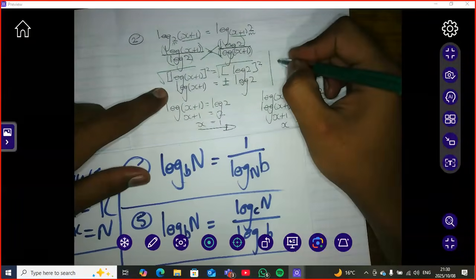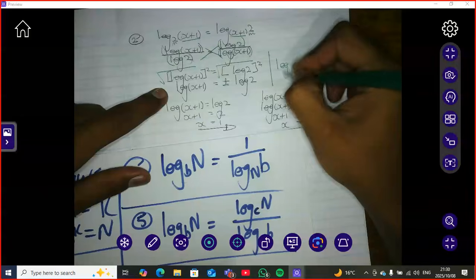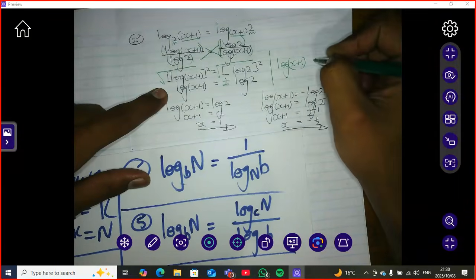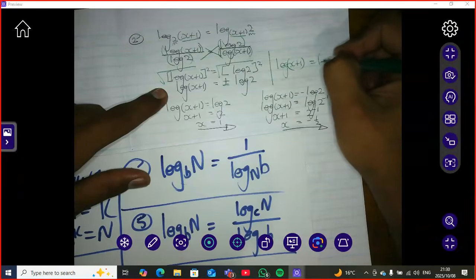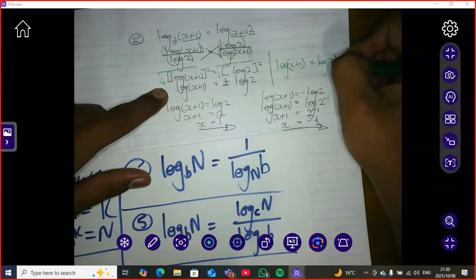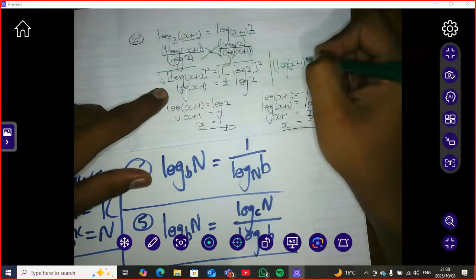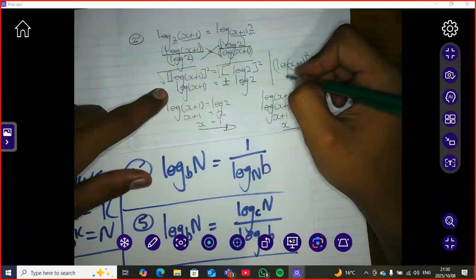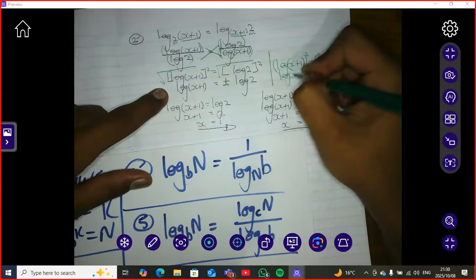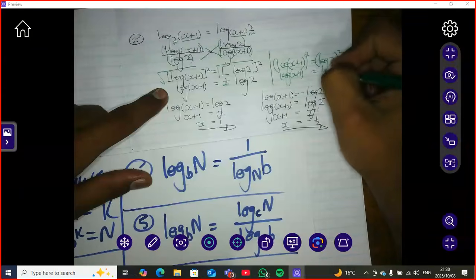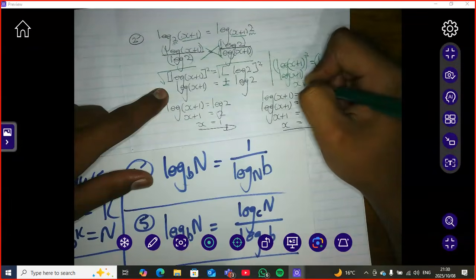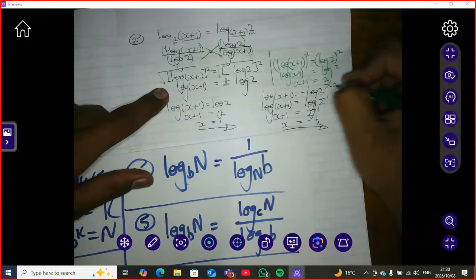Is this log x plus 1, log 2, and that should be x plus 1, log 2, 2x plus 1, x equals to 2 minus 1 is 1.